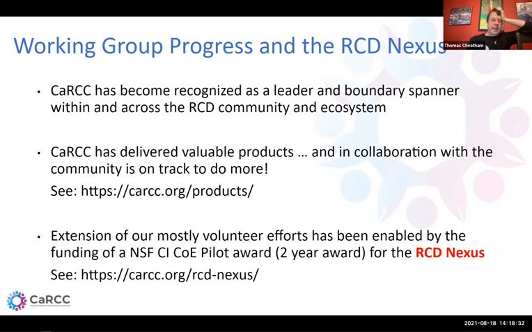Finally, we're really happy for NSF funding that's come in the form of an NSF Cyberinfrastructure Center of Excellence pilot two-year award for the RCD Nexus. We'll hear about some of the activities that are moving forward with that. The RCD Nexus is a partner with CaRC, or part of CaRC.